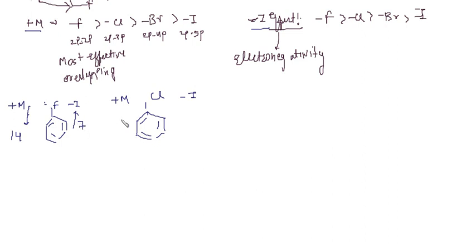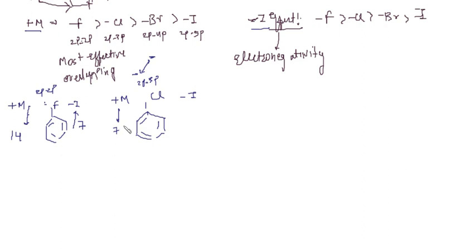Now if we go to chlorine, for plus M, here it is 2p and here it is 3p. So there is a very big energy gap between 2p and 3p, so we know that plus M effect will reduce gradually. Let's say it comes down to 7 magnitude.